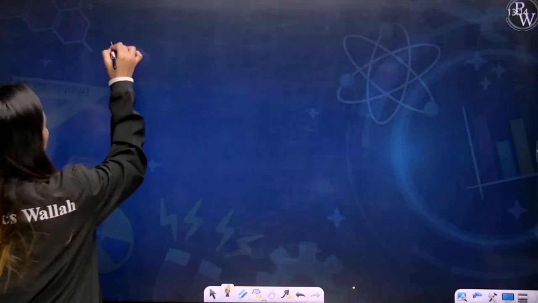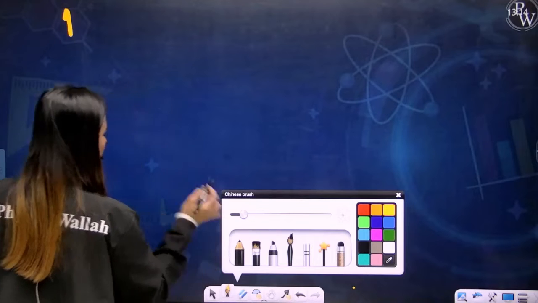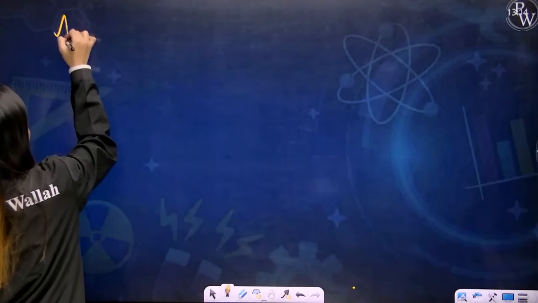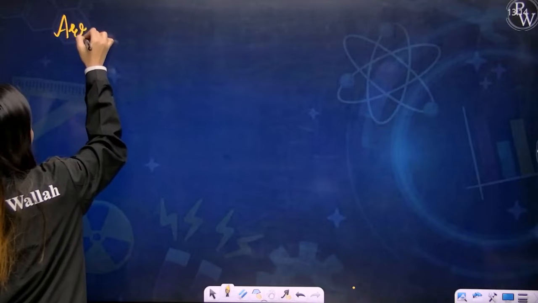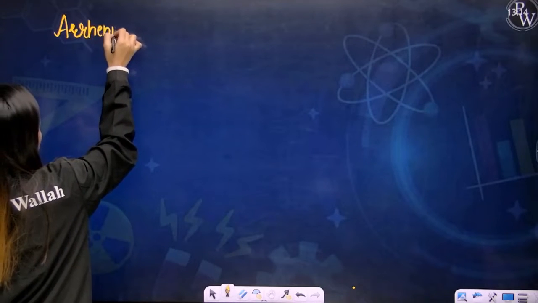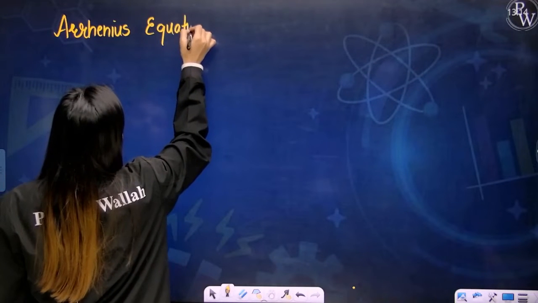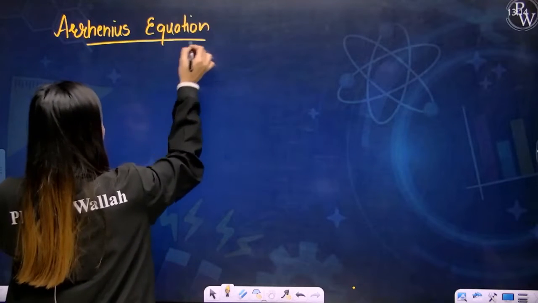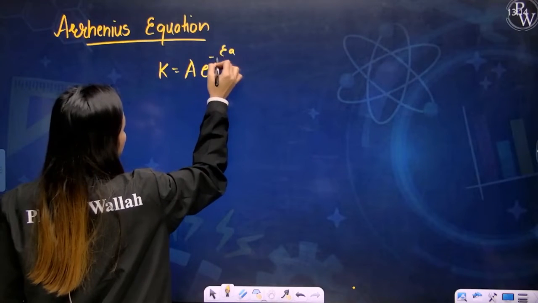If we talk about the Arrhenius equation, the equation was k is equal to A e raised to the power minus Ea by RT.